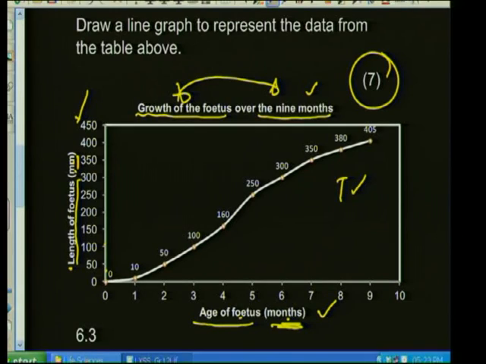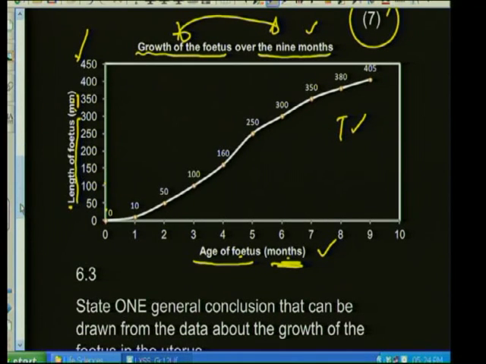And thereafter, you simply plot your points, make sure your points are clearly visible, you join the dots, and there you have your graph made up for you. For joining the graph, sometimes they give you a mark, and then for plotting, depending on the examiners, they can vary, if you got 2 points, or 3 points, they give you marks for that, and in that way you get your 7 marks for the graph.